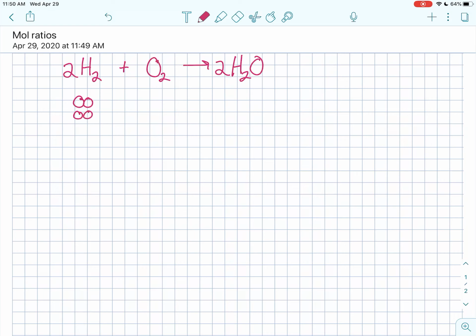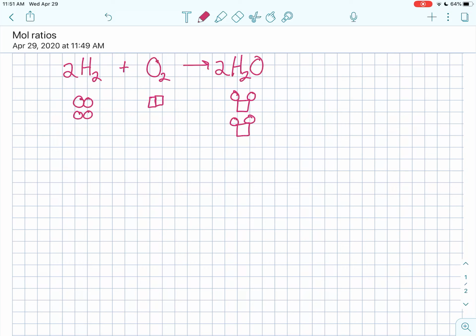And so what this meant is that I had 2 H2s. Over here, I had 1 O2. So that meant that over here, it allowed me to produce 2 waters. That's how we talked about it before, as individual particles.